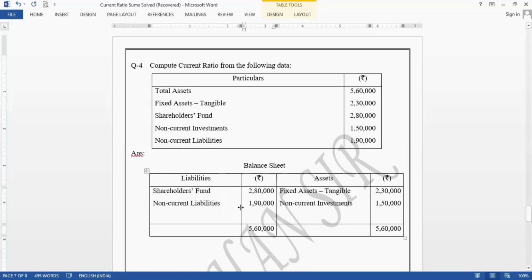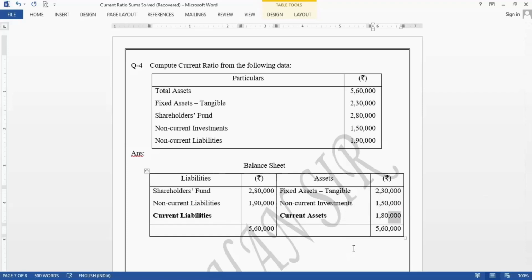After placing the values on the respective sides, the left out values, I'm sure you have understood now, are current assets on the asset side and current liabilities on the liabilities side, right? Let us get the difference. Out of 5,60,000, if I remove 3,80,000, the difference is bound to be 1,80,000.